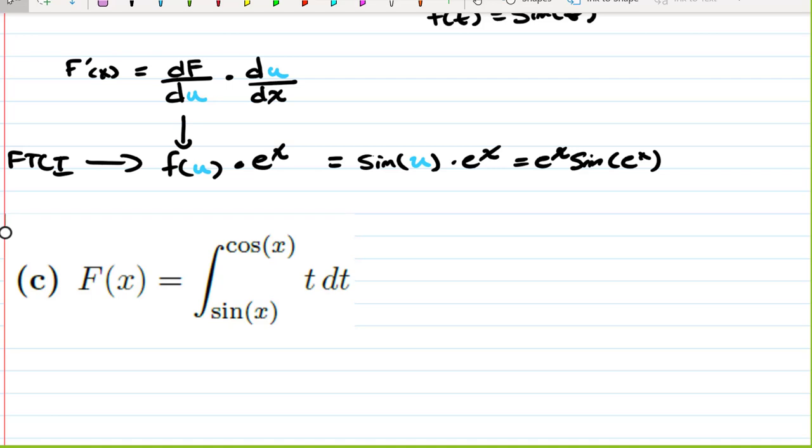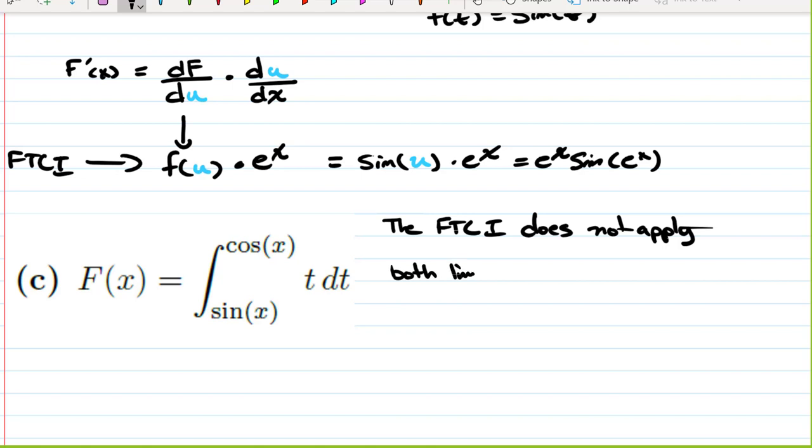So we note the FTC part 1 does not apply. Both limits of integration are functions of x.